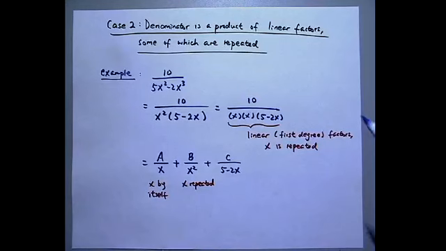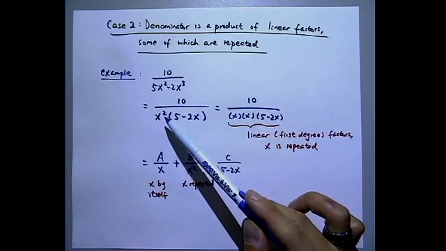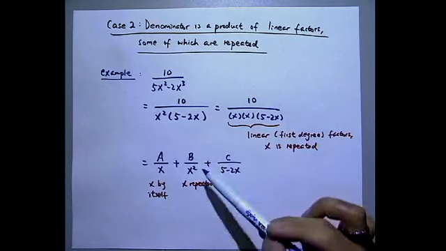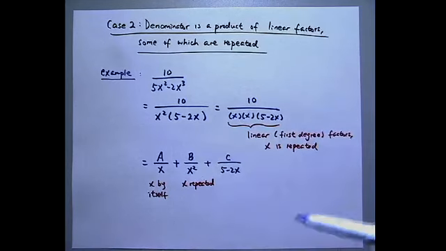And can you guess what you would do if this is x to the third power? You get another one, d or c over x cubed, right? Each time it's repeated, you just keep on adding another one. Okay?